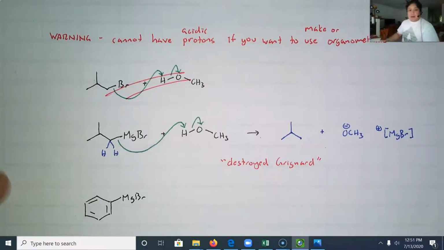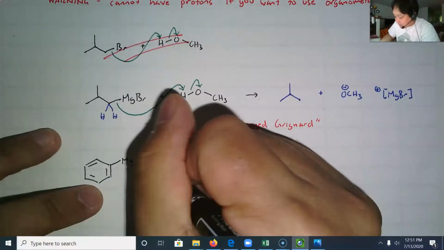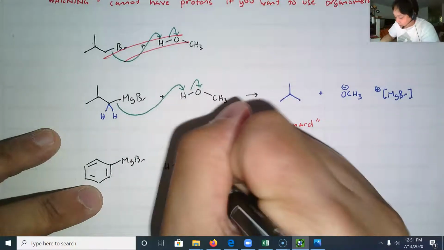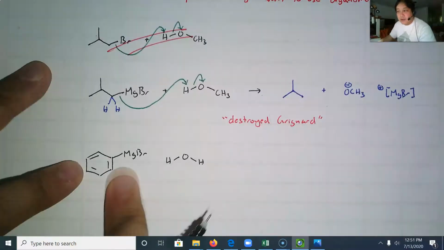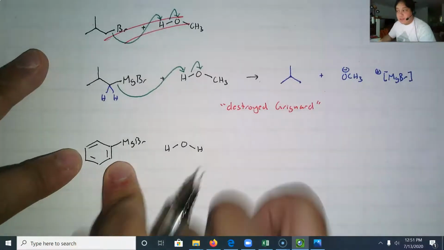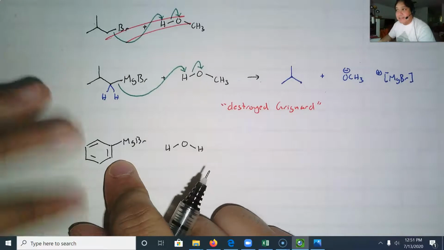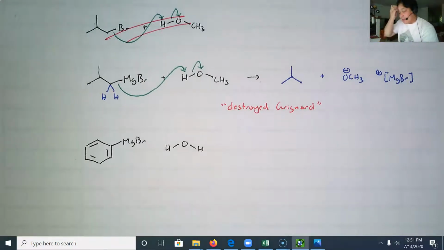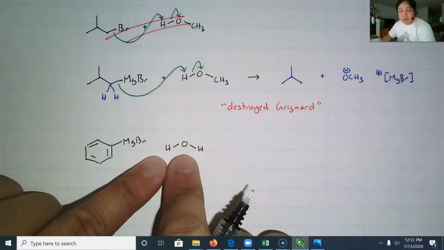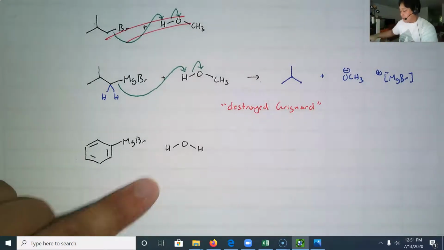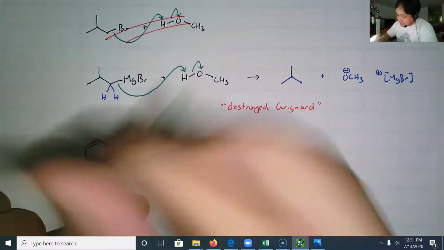Let's use water. Let's say that it's a very humid day and you made the Grignard reagent and you're storing it and you want to use it in the lab, but either the AC is out or it's very humid inside. You have enough residual water in the air to do what? To do this.